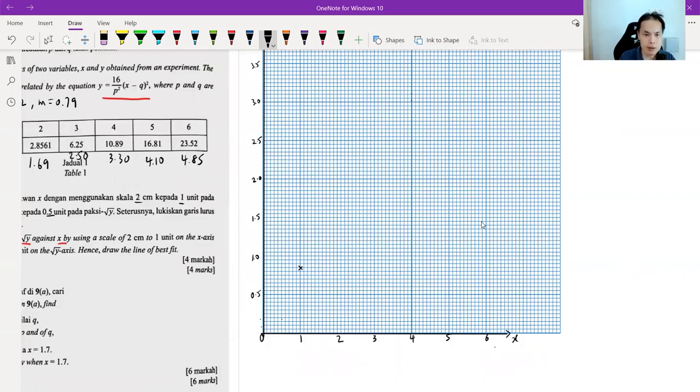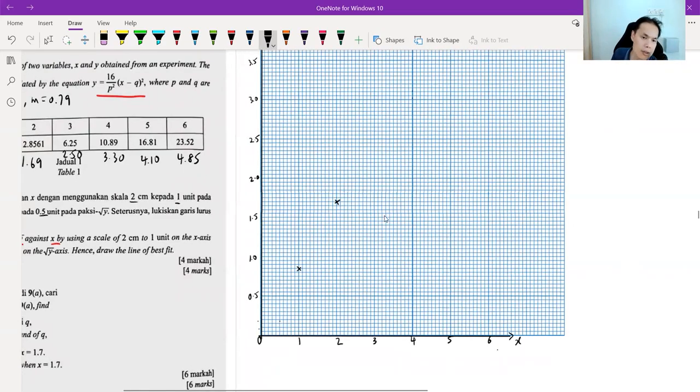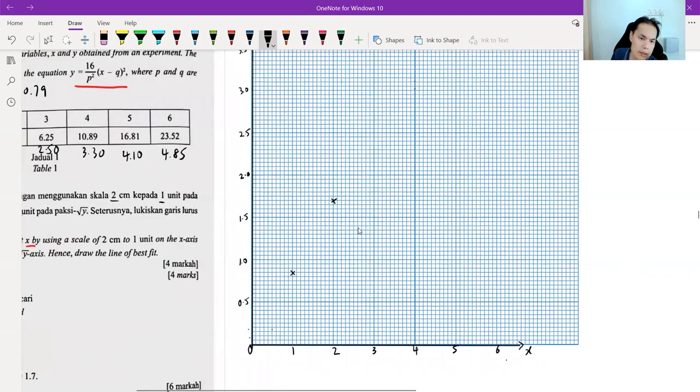You can read 1.7 over here. Okay, sorry, this is 1.8 actually. 1.7 should be a bit lower, one more lower here. All right. Sometimes it's a bit hard to see. Yeah, this is correct.